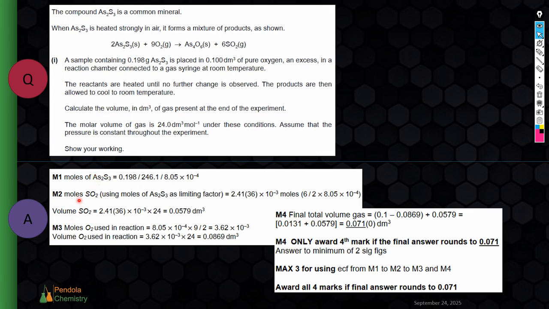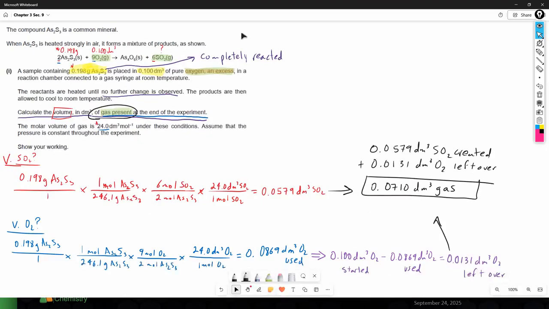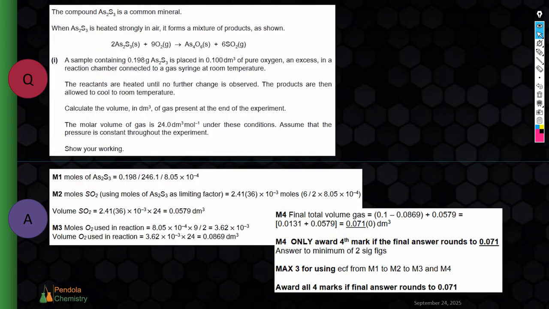Then you get another point for the moles of SO2 using that limiting reactant that we just talked about. For calculating the moles of SO2, which we don't do directly, if you're doing scientific notation, you calculate it right here in this step, because you calculate the moles of As2S3 first and then the moles of SO2. So you will still get credit for that step right here in the stoichiometry.